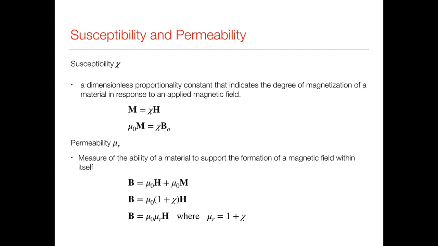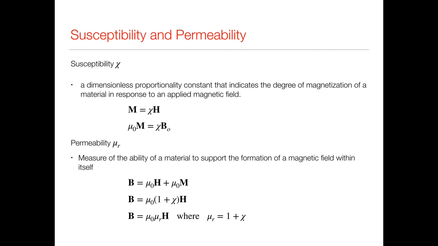Now, for typical diamagnetic or paramagnetic materials, as I said, the susceptibility chi is of the order of 10 to the minus 5, 10 to the minus 6. That means mu r is approximately 1. So for non-magnetic materials, mu r is not the most useful quantity to talk about, because I'd have to store it to a good number of decimal places to capture the fact that it's different from 1.